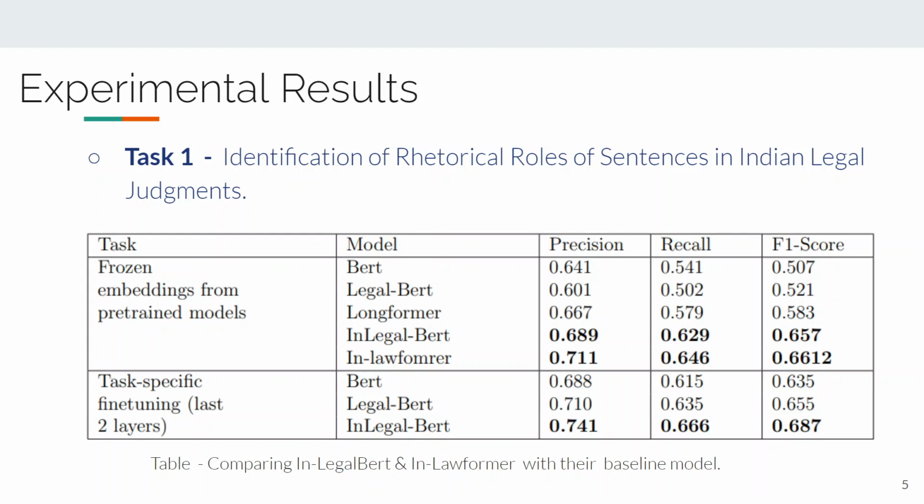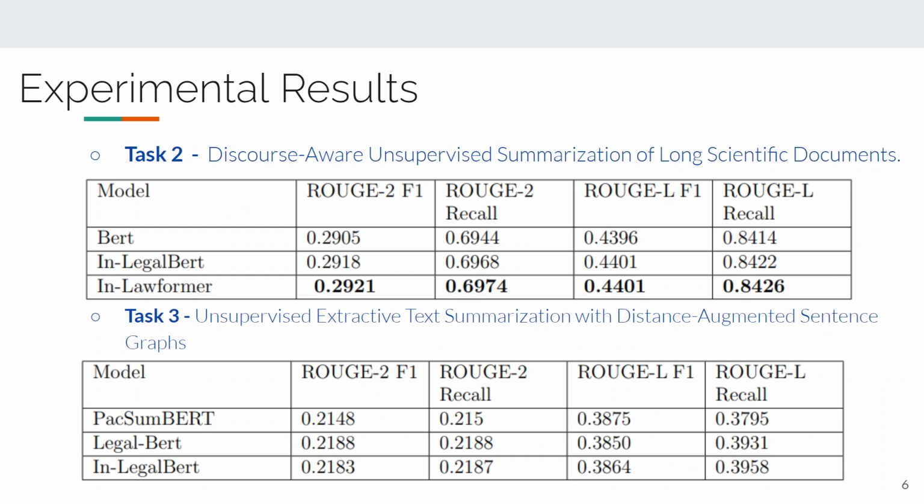And for the second task, in which we allow fine-tuning of the last two layers of the models, we can see that Indian LegalBERT performed better than the BERT model by 5%. Task 2 and task 3 are document summarization tasks, and these two tasks use their own algorithms. Task 2 uses the hyperlink algorithm, and task 3 uses the distance augmented sentence graph.